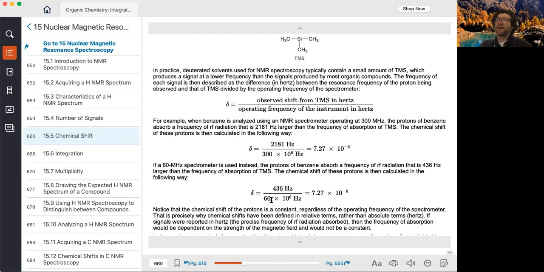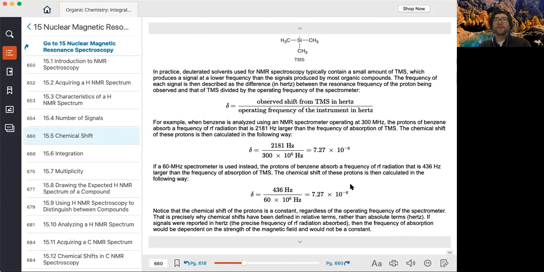Now, a 60 megahertz magnet measuring benzene will measure its shift at a different place. However, when you do this math equation, the same number comes out, showing you that the ppm number remains the same. So the ppm number, the chemical shift, is the same for every chemical on every magnet, so long as your reference is the same.